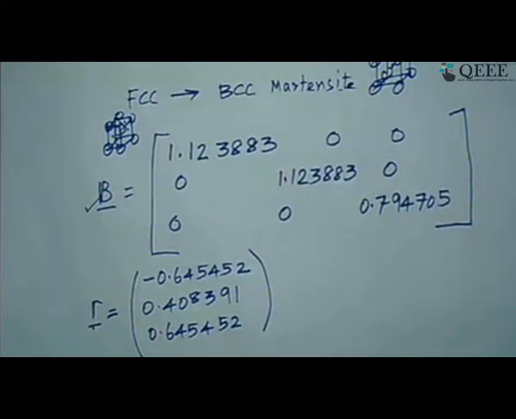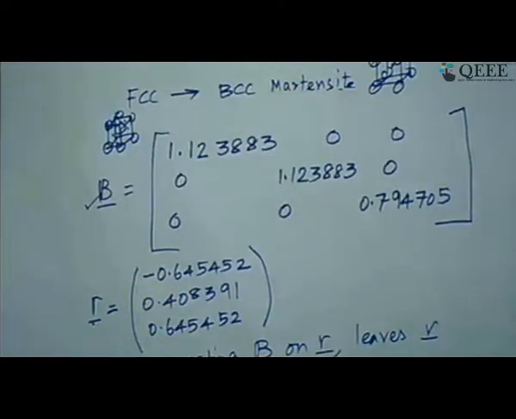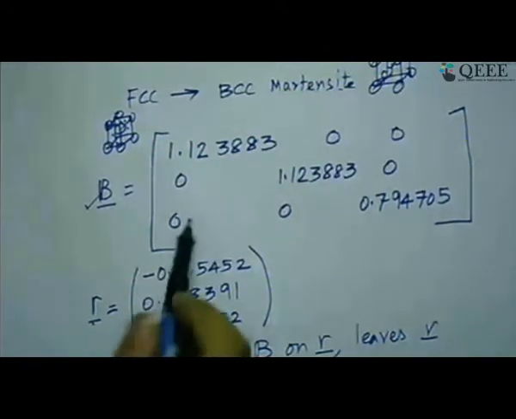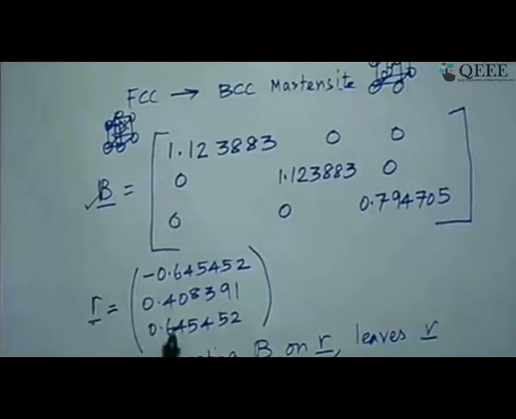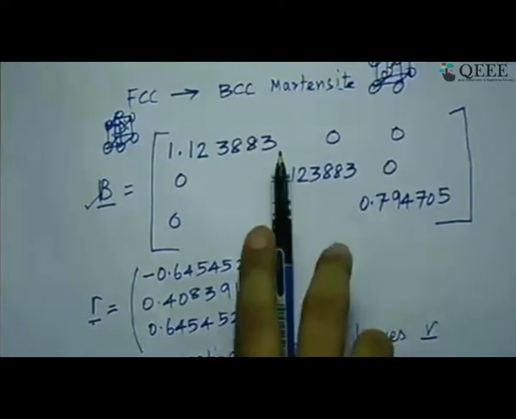Show that acting B on R leaves R undistorted. Okay. In other words, I want you to check that acting B on R rotates the R vector, but it leaves its magnitude unchanged.